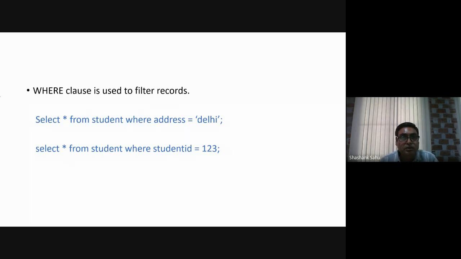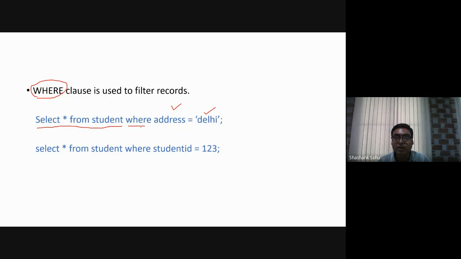Next is the where clause. I want to put a condition in the query. So I discussed up to this level, select star from student. Now I want to put a condition. Then we use the where clause, the name of the column and the particular value. For example, we want to display all the student details who are residing in Delhi.